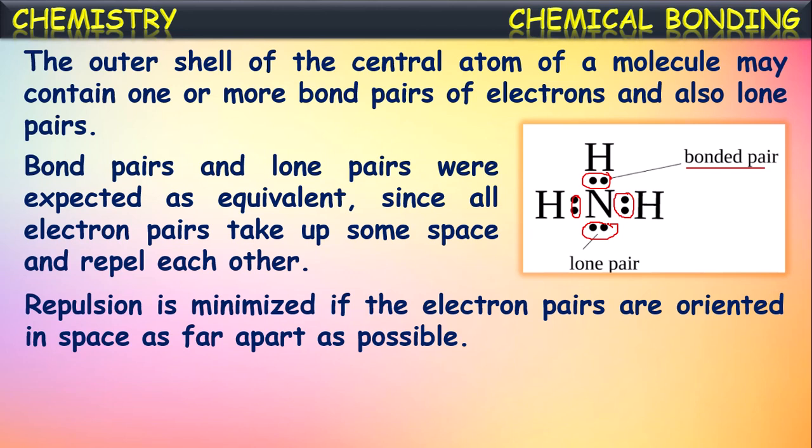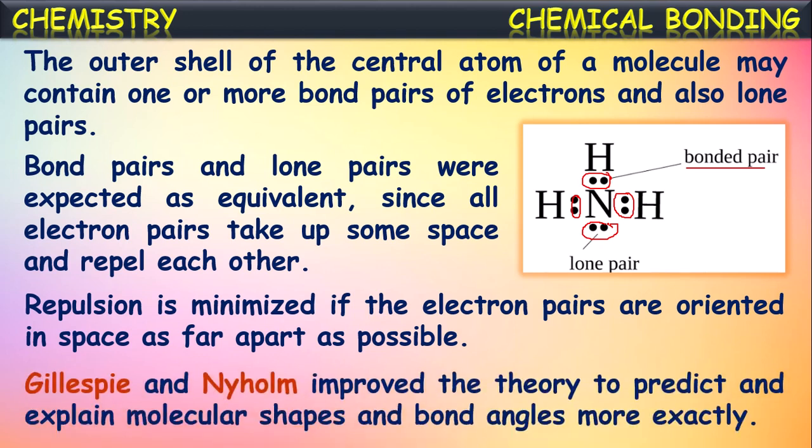So repulsion is minimized if the electron pairs are oriented in space as far apart as possible. If they are oriented as far apart as possible, then the repulsions between these electron pairs will be minimized. In that way, these electron pairs will be arranged in space. Based upon this concept, the shape of the molecule is predicted.